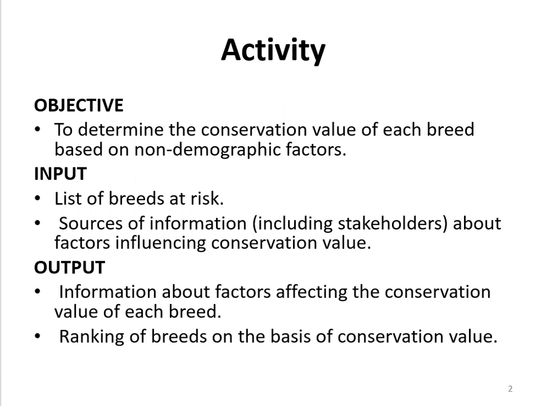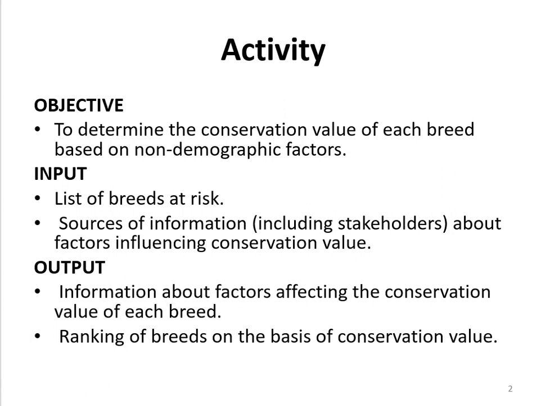So the objective is to determine the conservation value of each breed based on non-demographic factors. The input we need is a list of breeds at risk and sources of information, including stakeholders, about factors influencing conservation value.